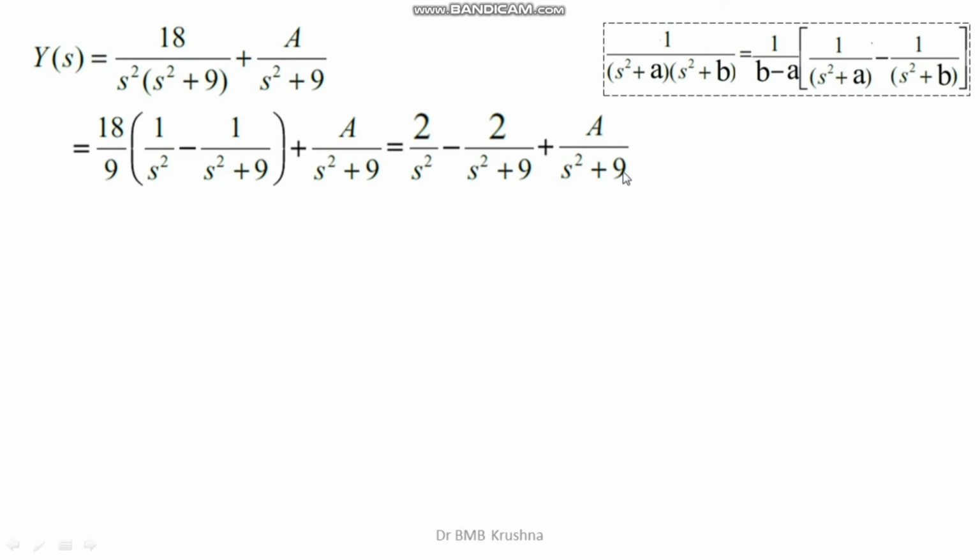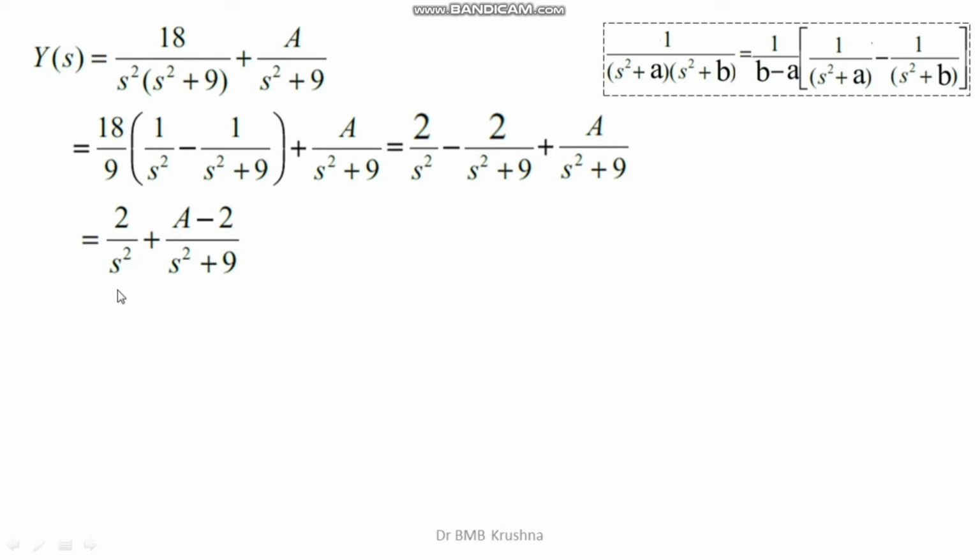Now one can observe the first term is a different term, the last two terms, the denominator expressions are similar, that is why 2 by s square is taken as it is, s square plus 9 is the LCM of these two terms. Now the numerator should be added, minus 2 is the numerator term.